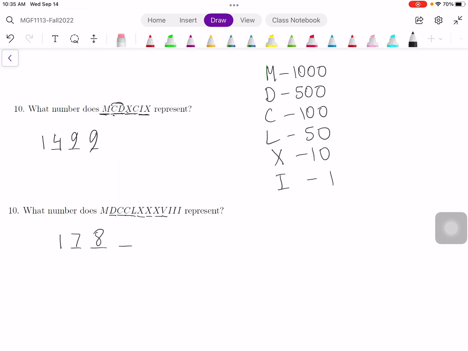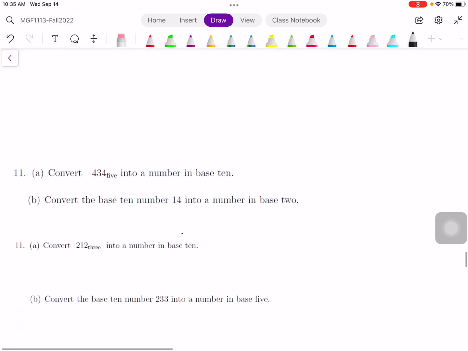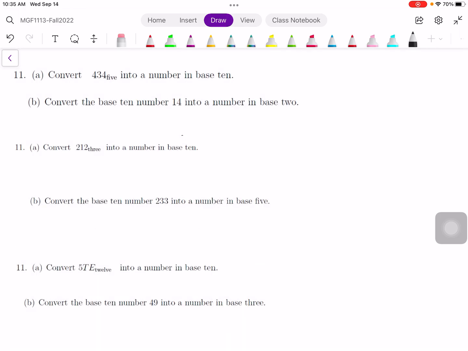And then I have 5 and 3, so that's 8. So I count how many hundreds, how many tens, and how many units I have, right? 1,788.